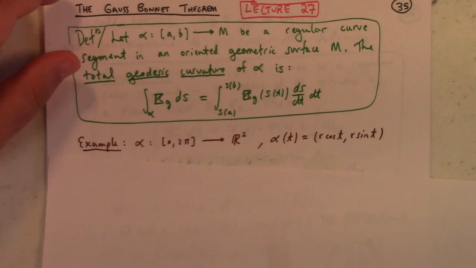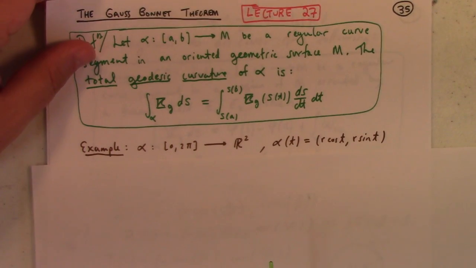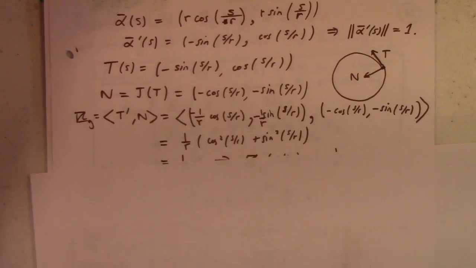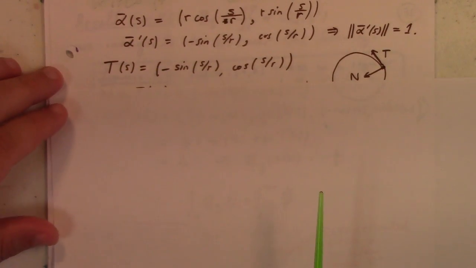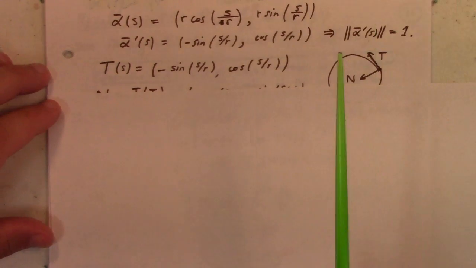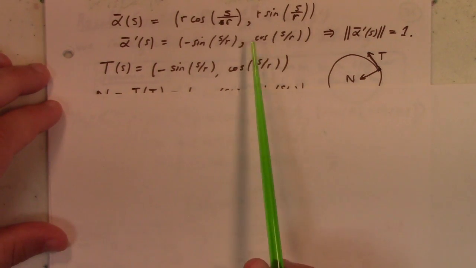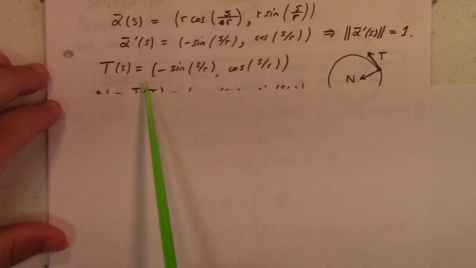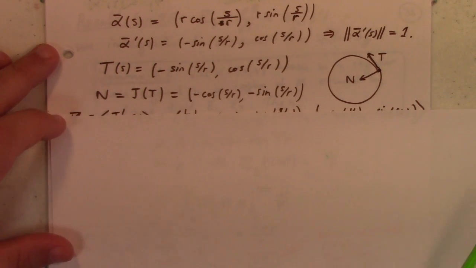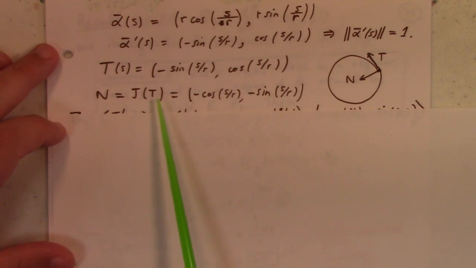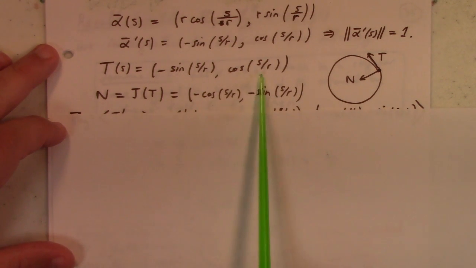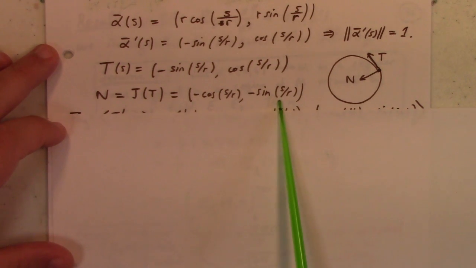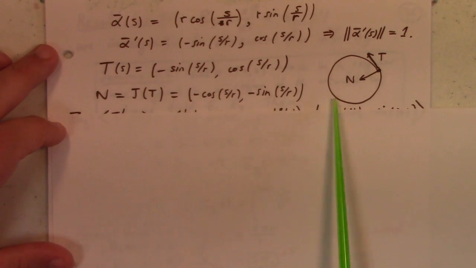Now, a good example of this is the circle in the plane. If I give it the arc length parameterization, basically dividing by the radius, that gives me unit speed. There's the unit tangent. Here we're working with two-dimensional vectors, so I rotate it 90 degrees, and out pops this. There's your Frenet normal.